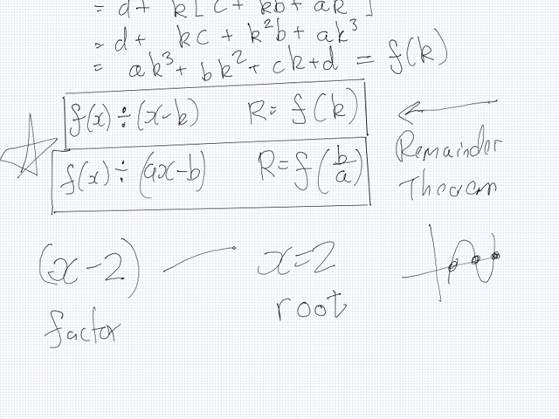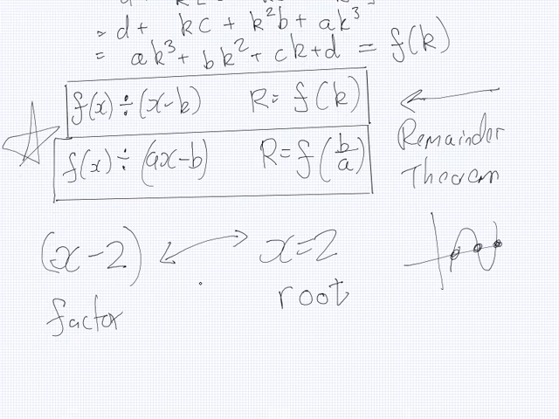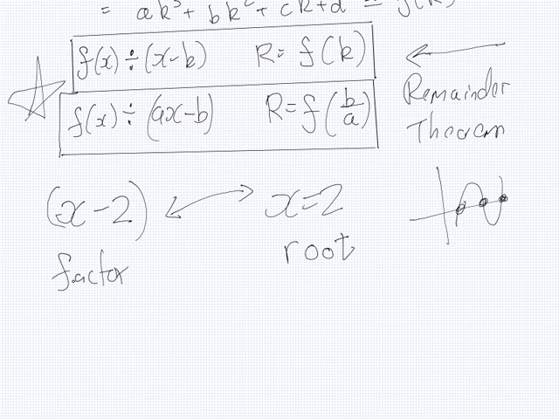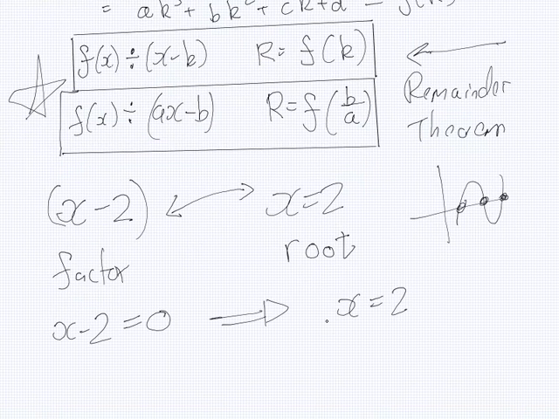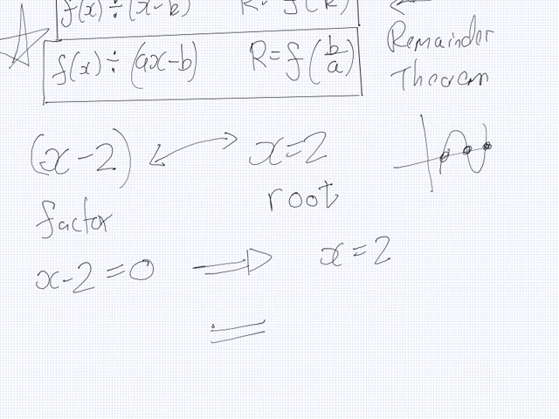So it's quite easy to go between the two. For example, if you want to change a factor into a root, you just make it equal to 0, and then that means x equals 2. And likewise, if you want to go backwards, for example, if you have x equals 2 over 3, then you just need to rewrite it until it's 0 again.